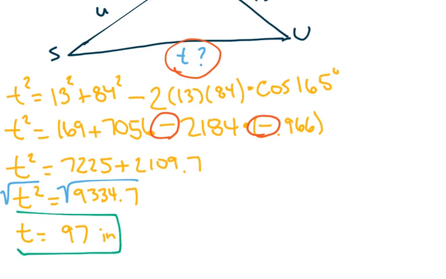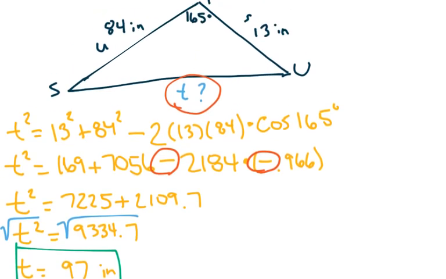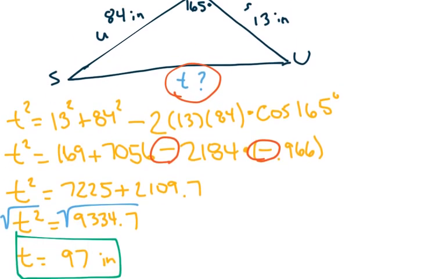That is the side length up here. So t is no longer an unknown. We know that t is equal to 97 inches, which makes sense because an angle of 165 degrees is going to have the longest side length corresponding to it. And there you have it.